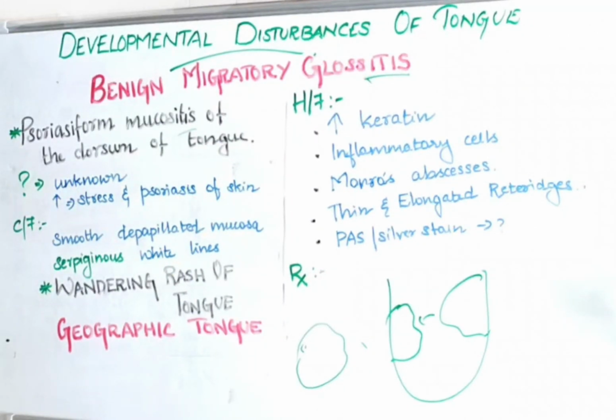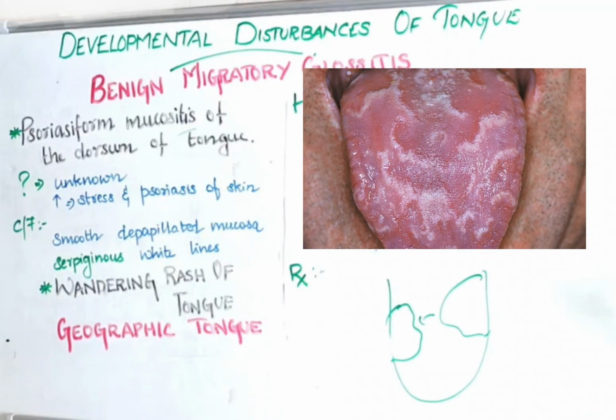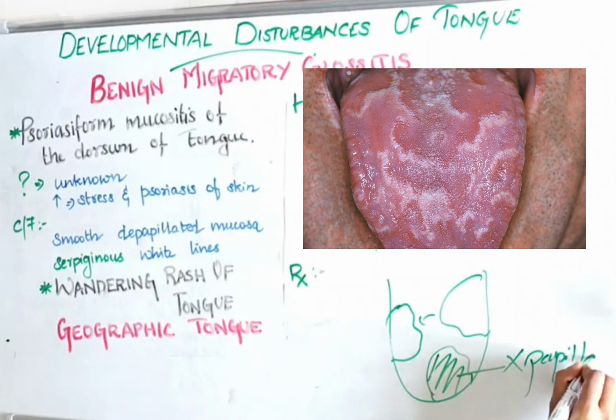Next, coming to the clinical features. When you see the tongue clinically, this area, as I have shown here, will be a smooth depapillated area. There will be no papilla. So it will be a somewhat reddish depapillated area, and this depapillated area will be surrounded by a white line.